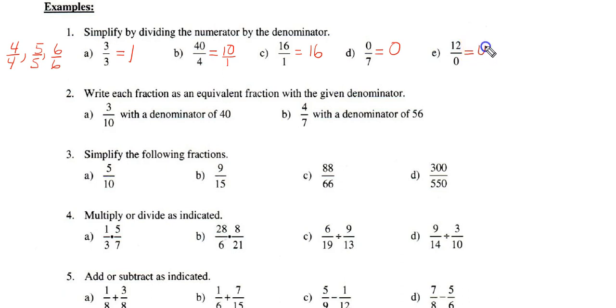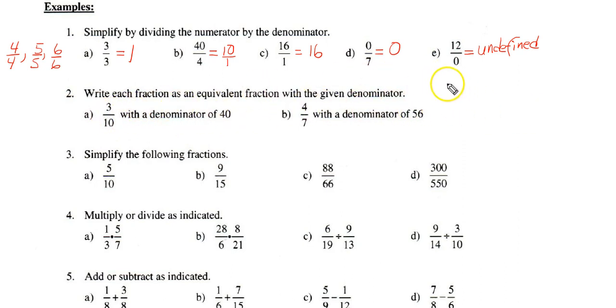So we say this is undefined. So again, some of the basic rules for dealing with things in a fractional form. Now, we'll work all of these out over here so we have a little more room.